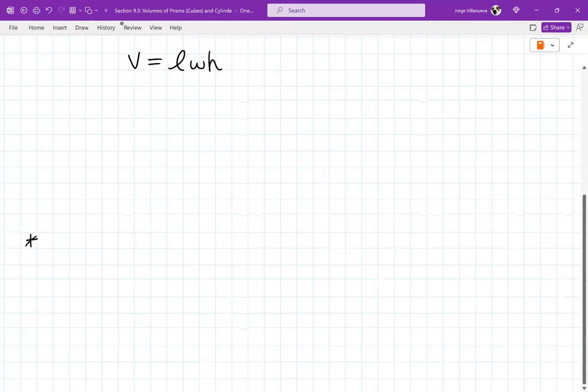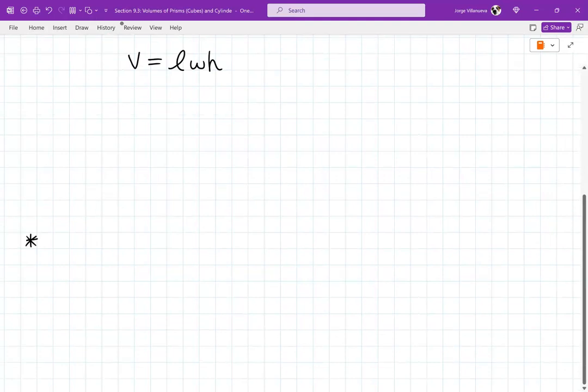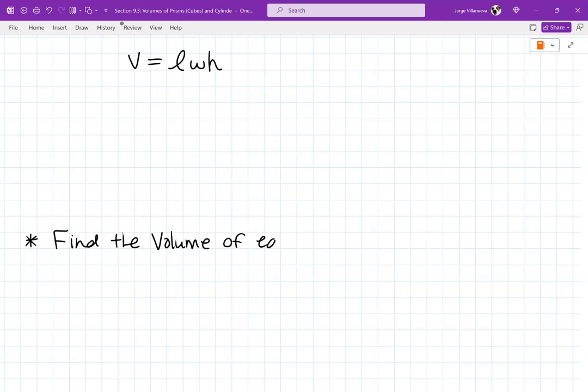For example number one, what I'm going to ask is just to find the volume of each figure, to the nearest hundredth.